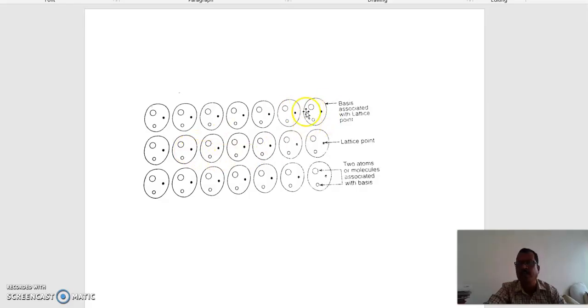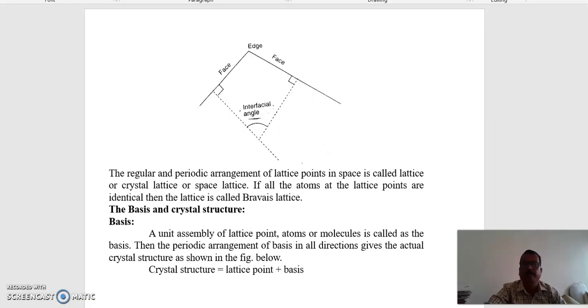This regular and periodic arrangement of basis forms the actual crystal structure. The unit assembly of lattice point atoms or molecules is called the basis. The periodic arrangement of bases in all directions gives the actual crystal structure as shown in the figure below.